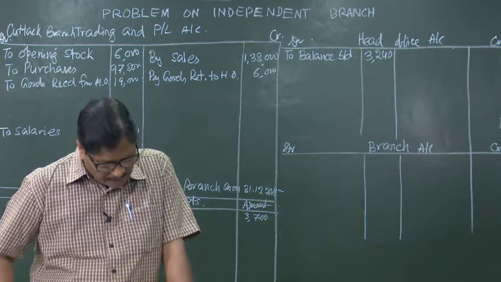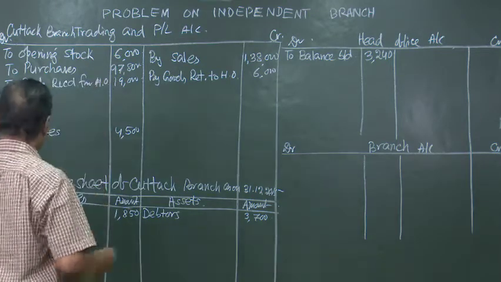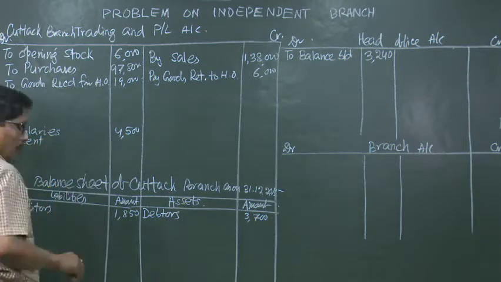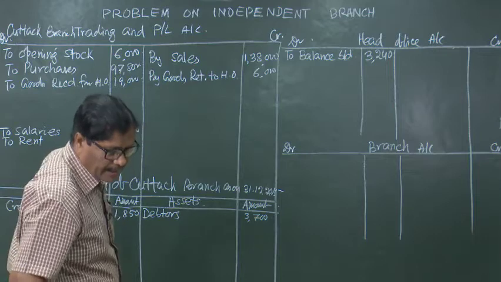Rent rupees 1,960 debit balance, to rent 1,960.